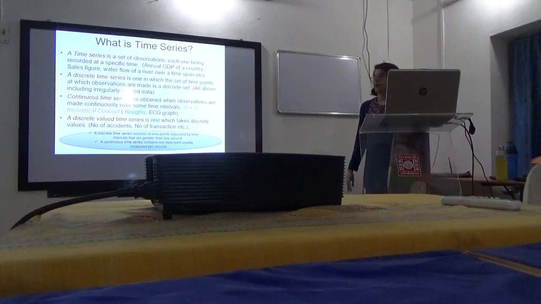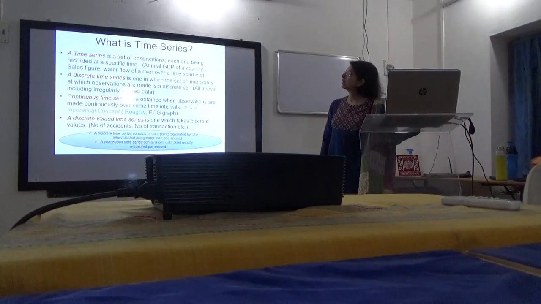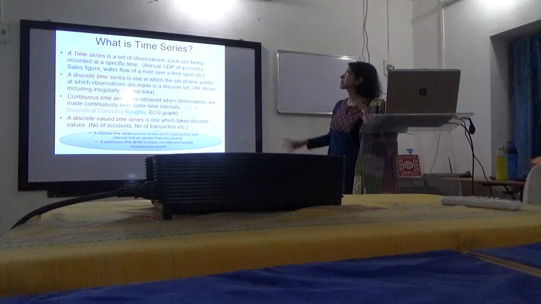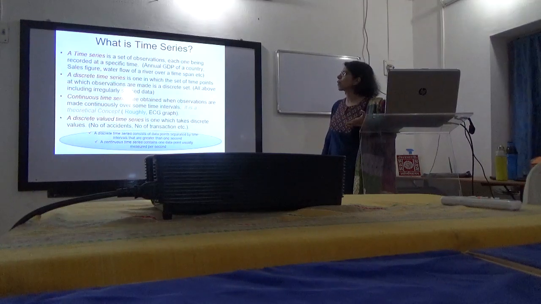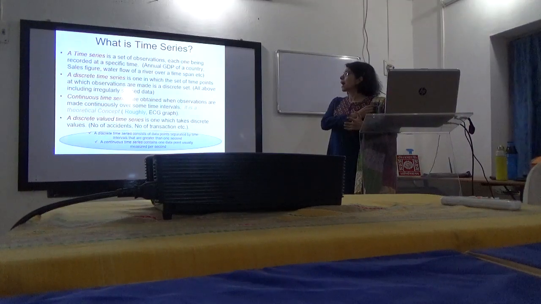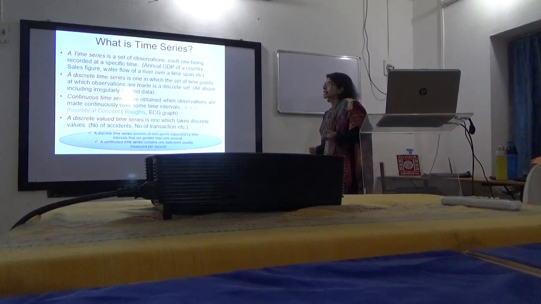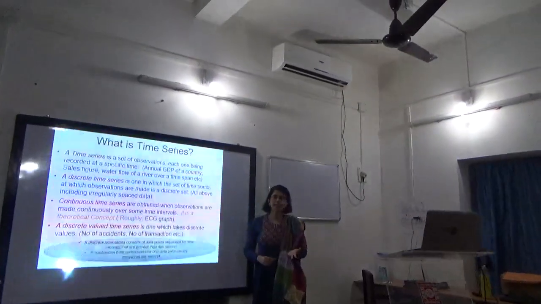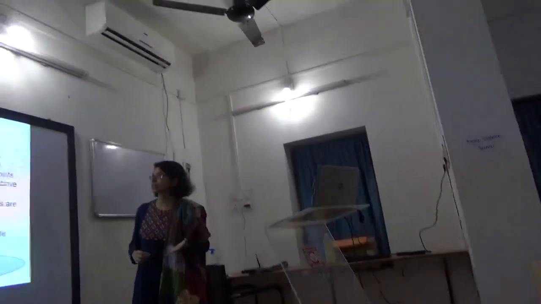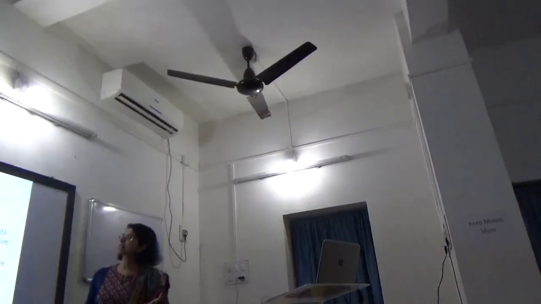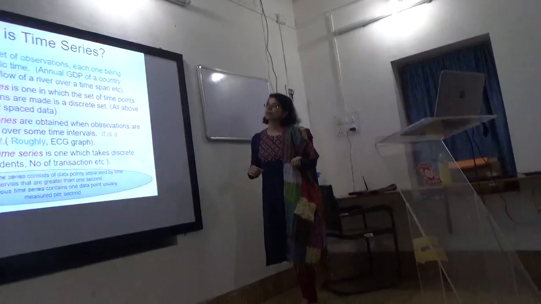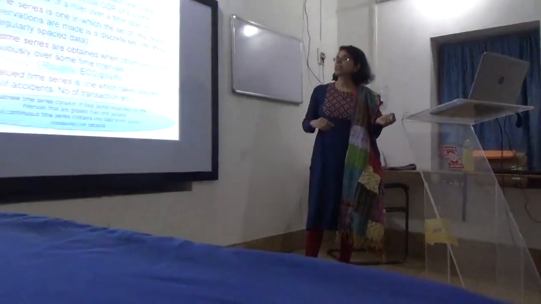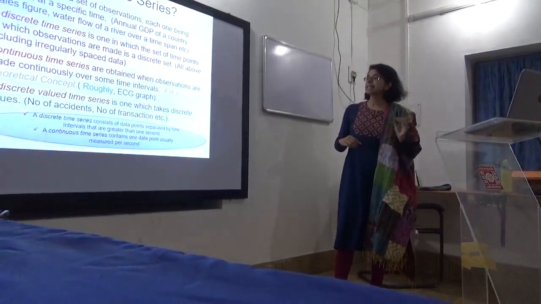Well, as I told you, the time series is a set of observations, each one being recorded at a specific time. One more thing is the classification of the time series. One is the discrete time series, and another is the continuous time series. Now, a discrete time series is one in which the set of time points at which observations are made is a discrete set.